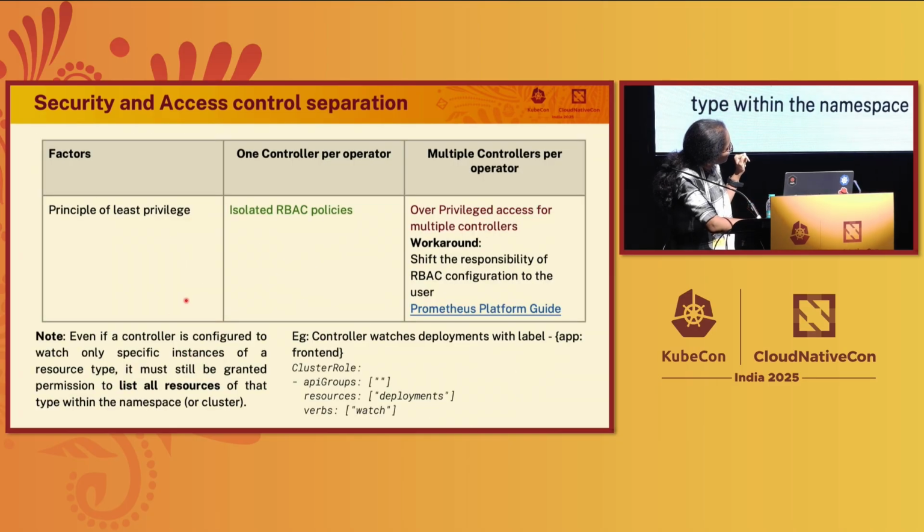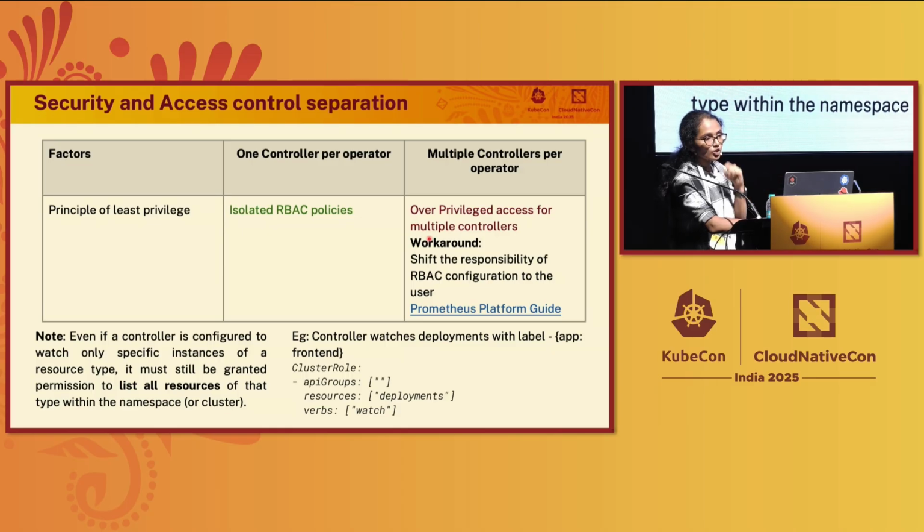Okay. So the first point here pretty much sums up what I was talking about. With one controller per operator, you will have isolated RBAC policies, because it's completely different code, completely different operators. One of them will have just the permission to watch secrets, the other one for pods. But if you integrate them together, you're giving overprivileged access.